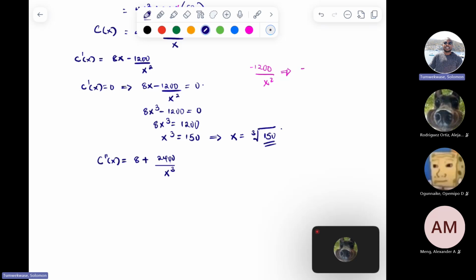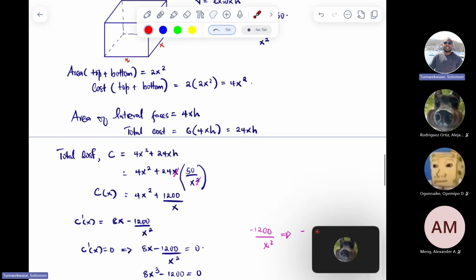You can see that this function is positive. So when I substitute the cube root of 150 inside here, when I evaluate this second derivative at the cube root of 150, you see that I'll always have a positive answer, and therefore this point here is a minimum.